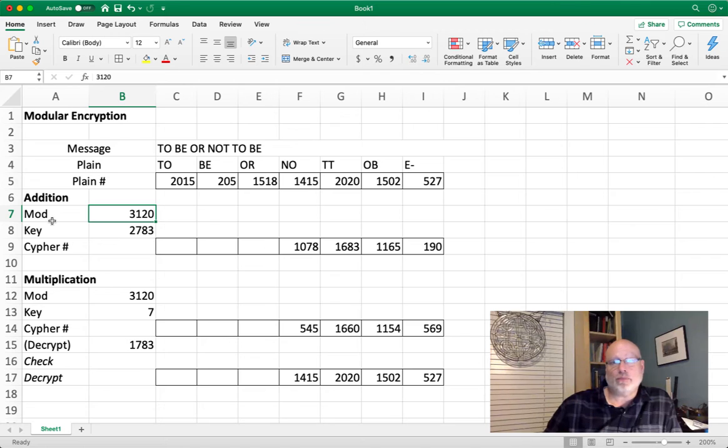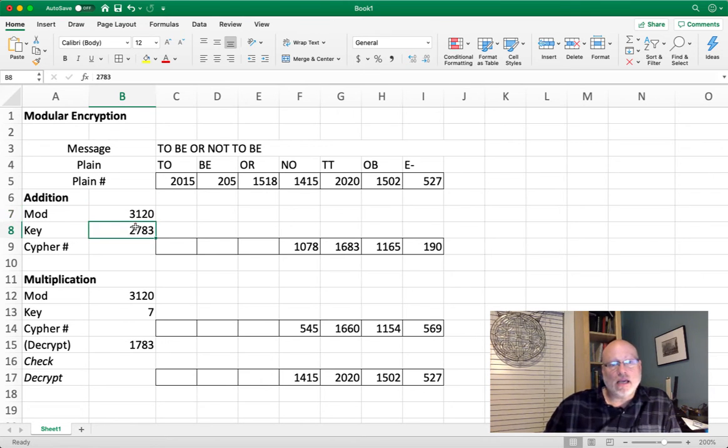If we put blocks of 3 letters together, we could potentially have 27, 27, 27, so we'd want to have it bigger than that. But we have two-letter blocks, so the biggest number we would have is 27, 27. So I picked 3120 as my mod. It's big enough. I could pick a bigger one. I could pick a slightly smaller one. It's okay.